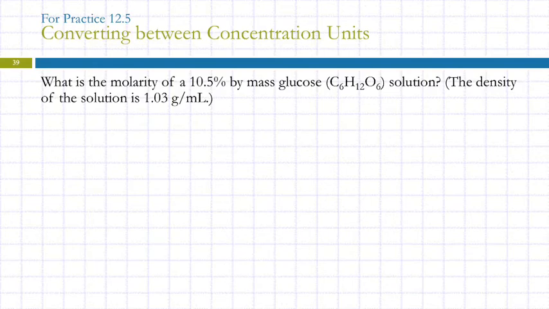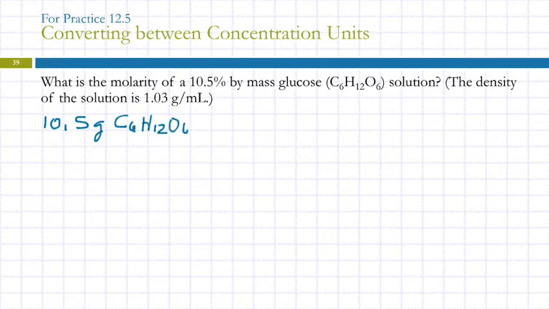We can also take one concentration and convert it into another concentration. So here's what is the molarity of a 10.5% by mass glucose solution. And we're given the density is 1.03 grams per milliliter. So there's different ways to solve a problem like this. I'm going to start with the 10.5%. So 10.5% by mass means 10.5 grams of glucose.